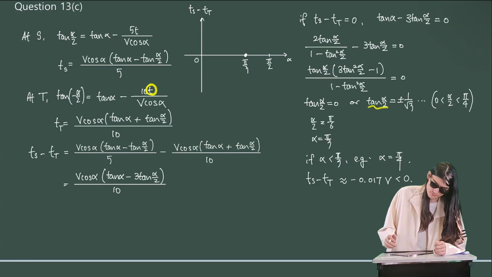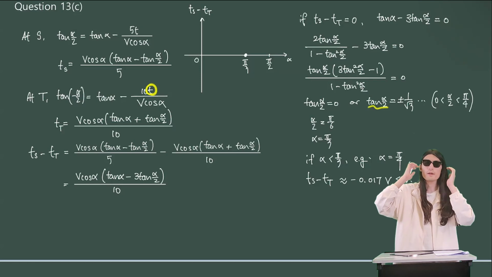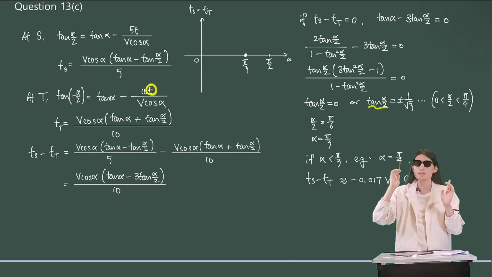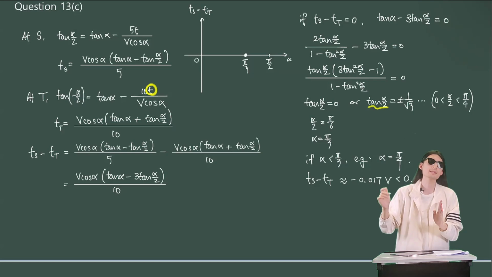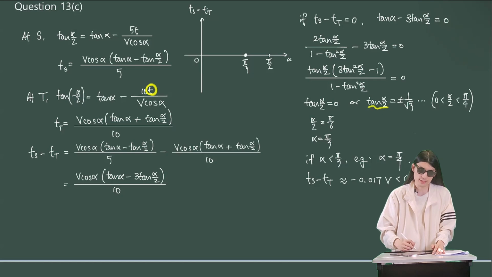And I've shown that when alpha is less than pi on 3, for instance when alpha is equal to pi on 4, the time difference takes a negative value. Okay?